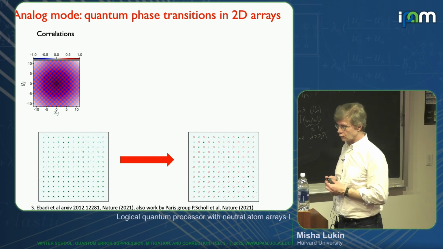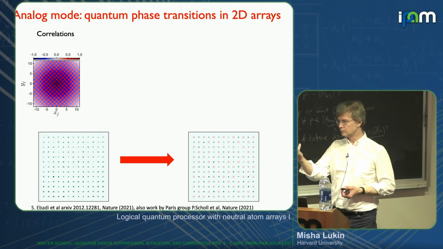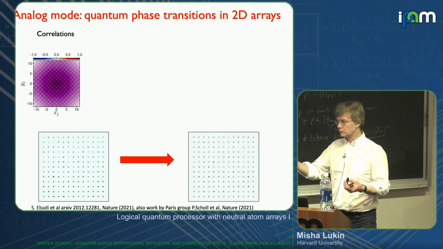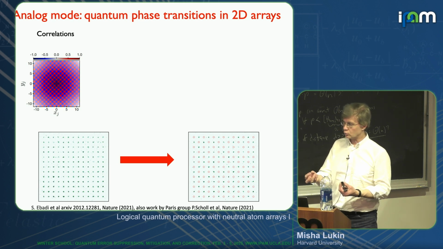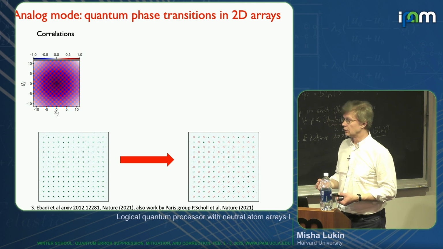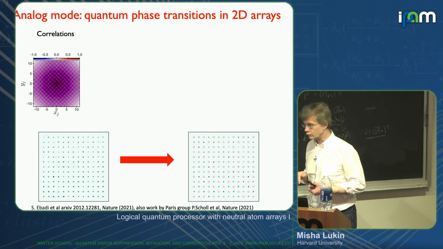So phase transition, as you know, is when, for example, you take liquid and freeze it, and a crystal emerges. So the crystal breaks translational symmetry, and in this crystal, you could think about molecules or atoms being ordered. So what we study here is a quantum version of this phase transition.